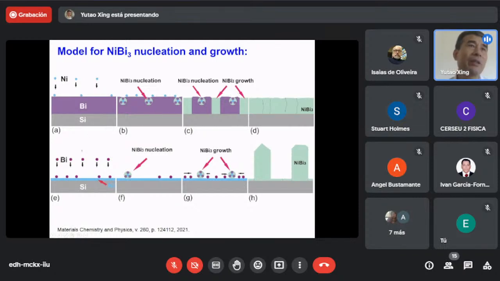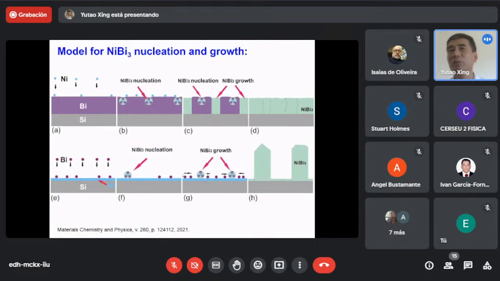On the other hand, if we deposit bismuth onto the nickel layer, the first bismuth reaching there cannot react, because 1 nickel needs 3 bismuth atoms. So the bismuth atoms must wait for 3 bismuth atoms and then form nickel bismuth 3, and then another bismuth atom reaches, and the bismuth atom has a very high activity on the surface.